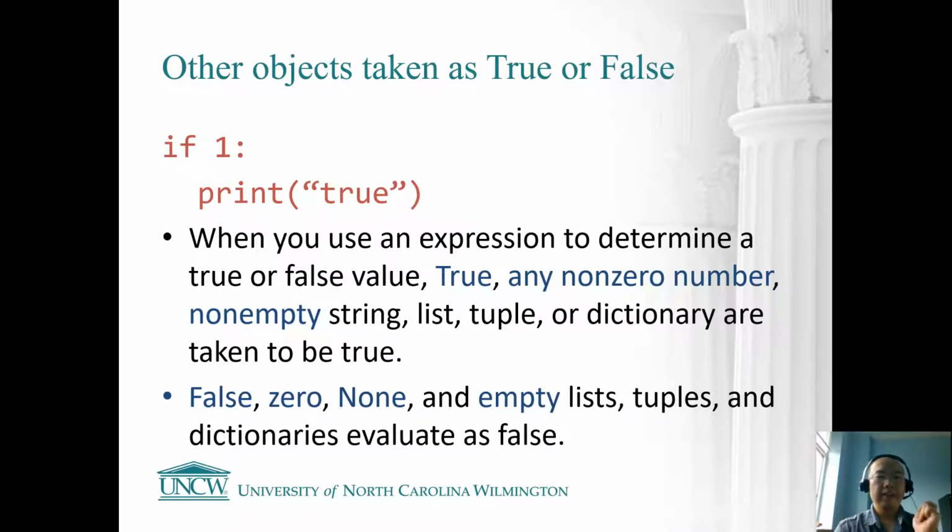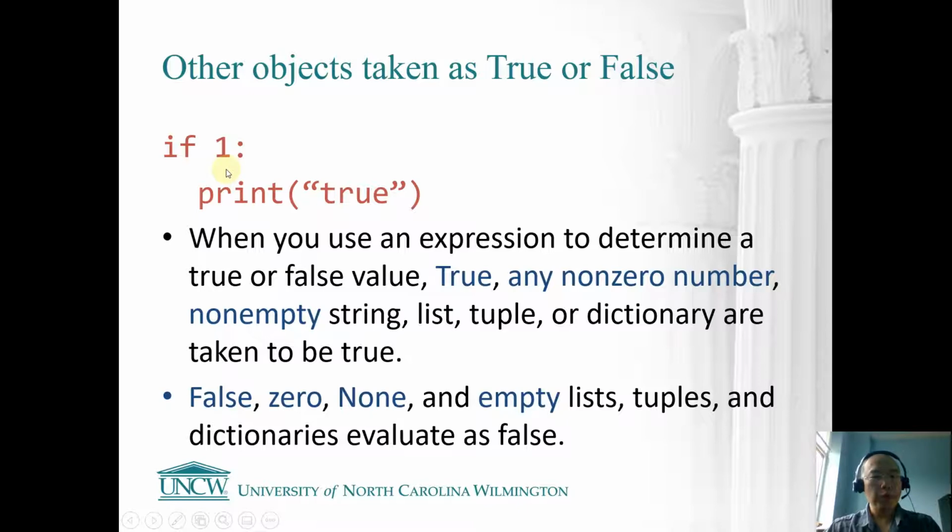Here is a little bit of additional information you have to know. This can be handy or it can be confusing depending on how it is used. For the if condition, we expect a Boolean expression, right? But why do we have a 1 here?